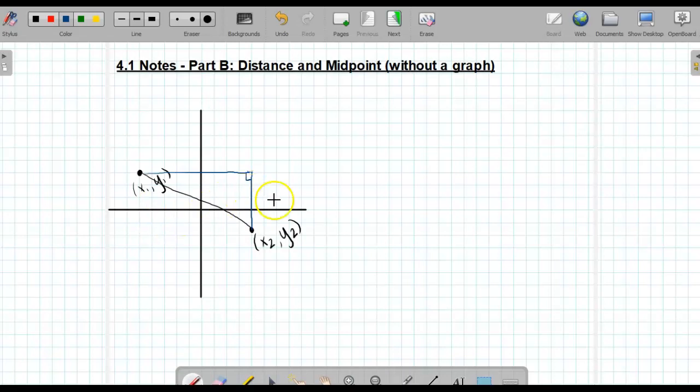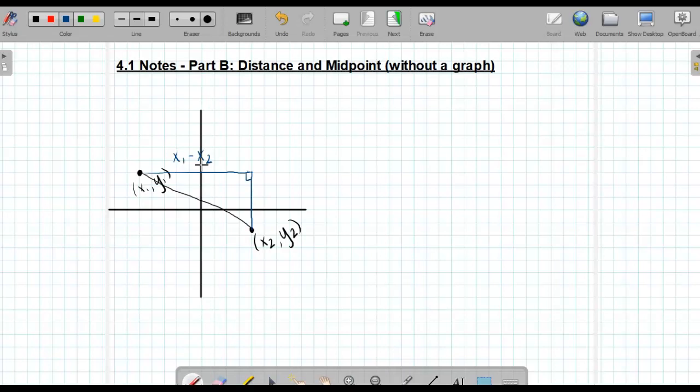Okay? So, this horizontal side right here, normally I would just count how far that goes, and I guess I could count the way I've graphed it, but I told you guys you don't have graph paper, I just told you to put it wherever. So if I can't count it, I could still find it by doing x1 minus x2, or x2 minus x1.